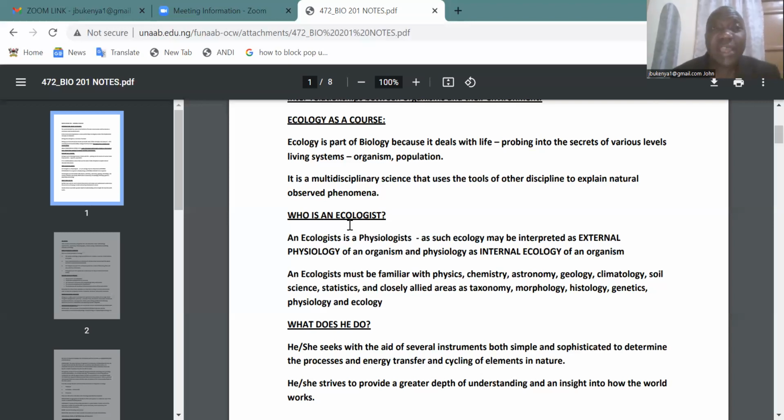But we also need knowledge on conservation of animals, conservation of plants, conservation of biological diversity, for which reason such an ecological study is known as conservation ecology.